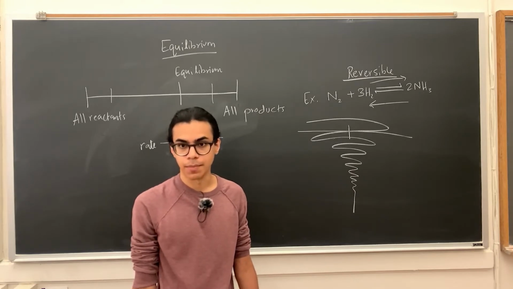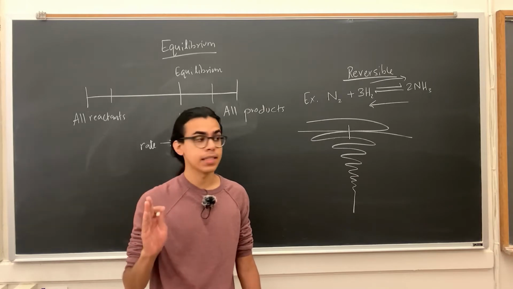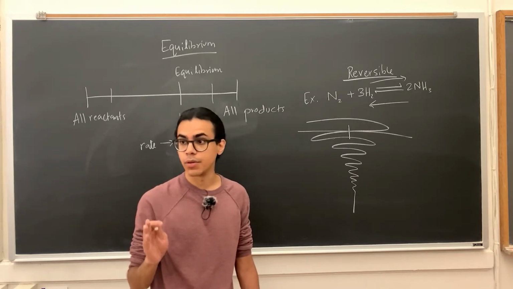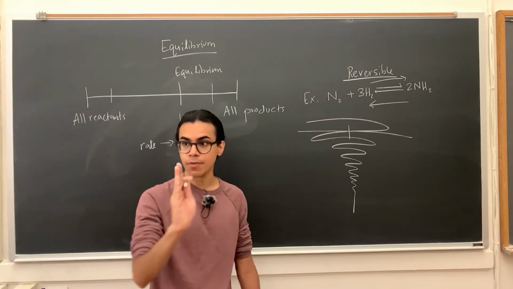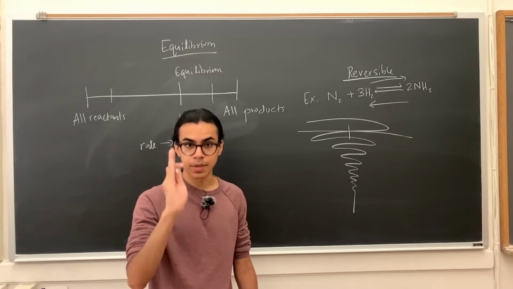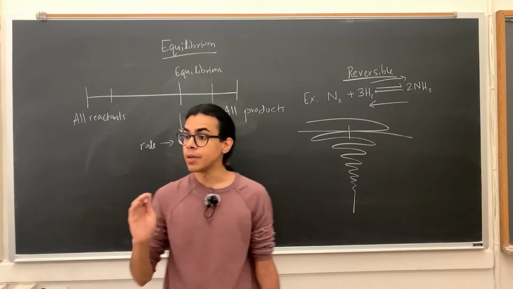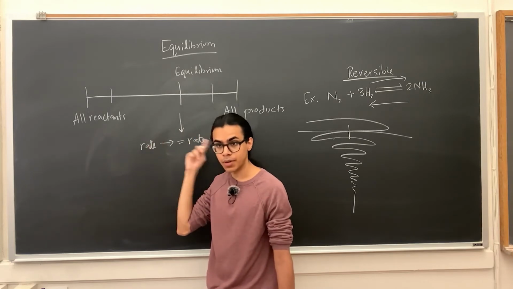That's what happens, yeah. But unlike a pendulum, which has what's called a static equilibrium because it comes to an actual stop, it's not moving forward and backward, right? At equilibrium, a pendulum comes to a stop. At equilibrium, the reaction hasn't come to a stop. It's still reacting in both directions.